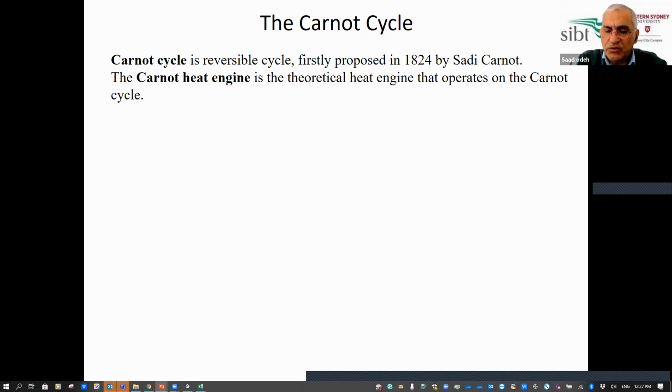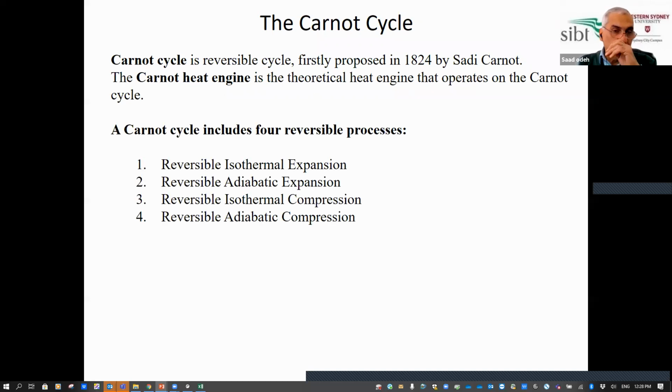As we said before, a reversible process is an ideal process. So if you have a complete cycle of different processes, then this is the ideal cycle of our system. And we compare the actual efficiency of the system with the ideal cycle efficiency, which is the Carnot cycle. The Carnot cycle or Carnot heat engine has 4 processes to complete the cycle.